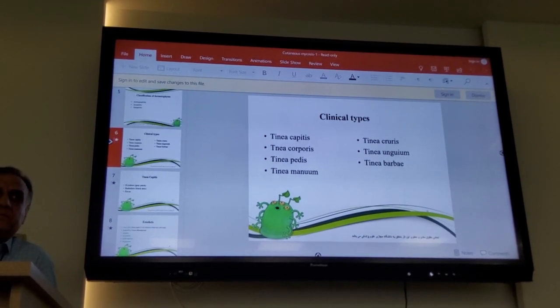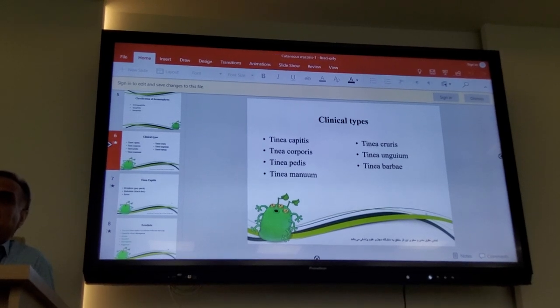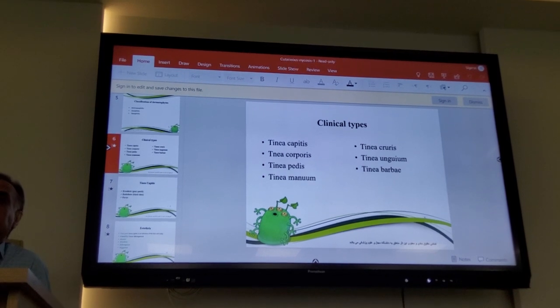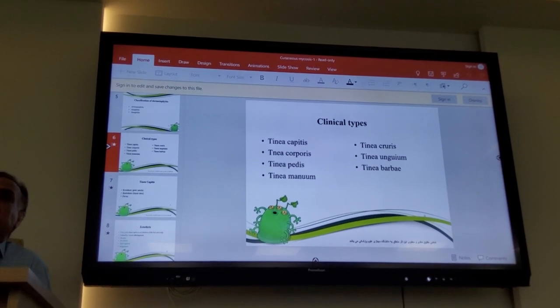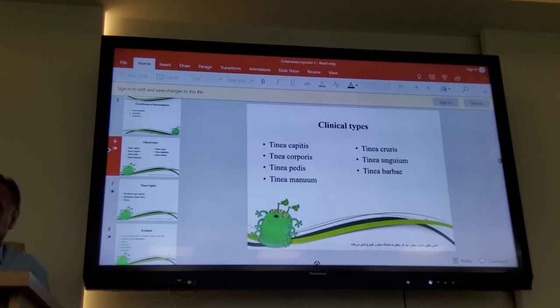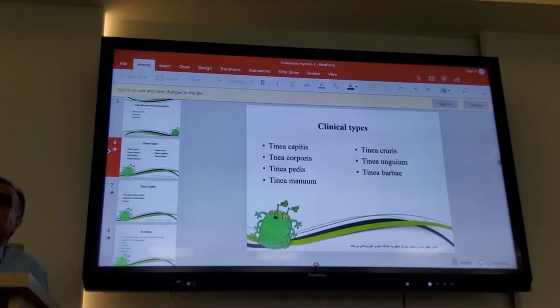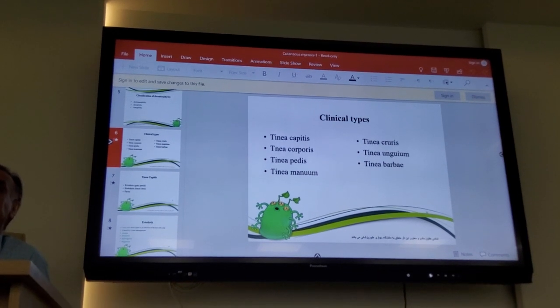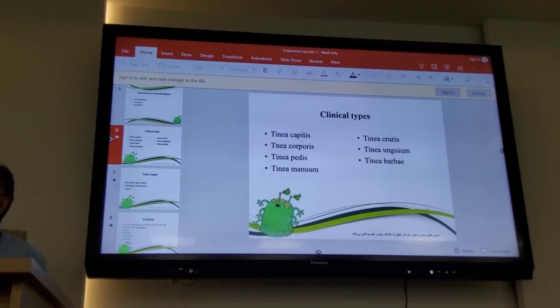Onychomycosis means any fungal infection in the nail. But when the agent is a dermatophyte, it is tinea unguium.